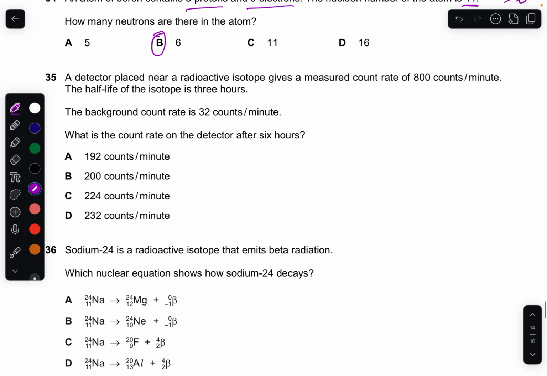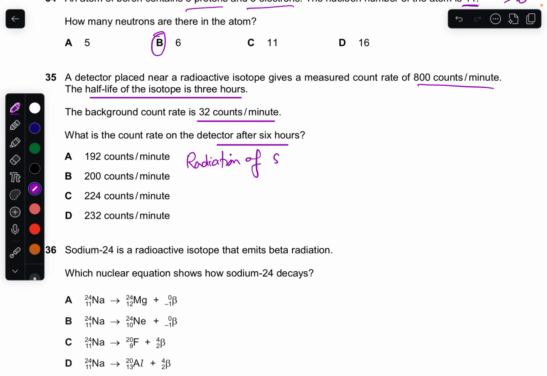In question 35, a detector placed near a radioactive isotope gives a measured count rate of this, and the half-life is 3 hours. The background radiation is 32, and you have to tell the count rate after 6 hours. So first you have to find the corrected count rate, or you can say radiation of the sample.